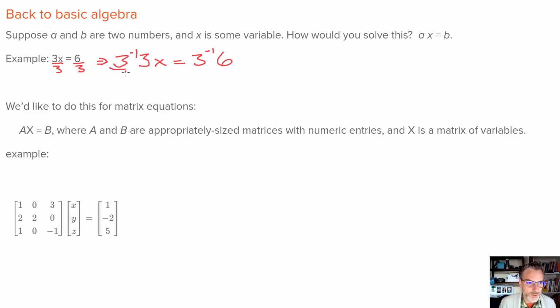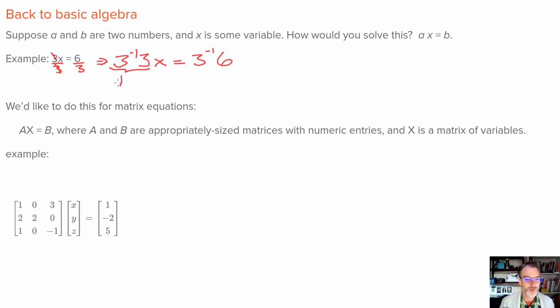And what we get here, 3 times its multiplicative inverse, is 1. And this is really what we're doing when we do this type of canceling off. We're really writing 3 times its multiplicative inverse is the multiplicative identity, 1.